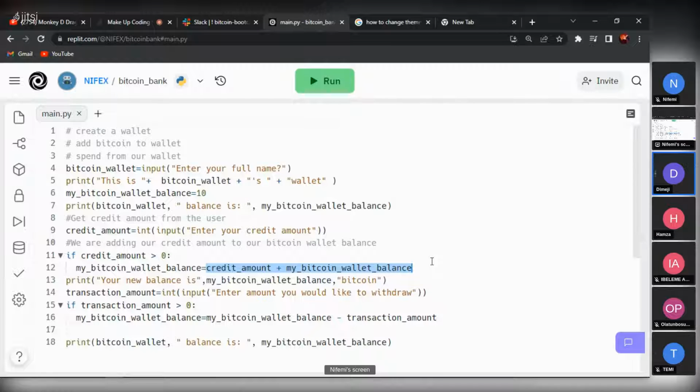Yes. So what we are trying to do is change. Remember when we spoke about variables, we said we can change the values of variables, right? We are trying to change what our wallet balance was before to a new value. We are giving it a new value entirely.